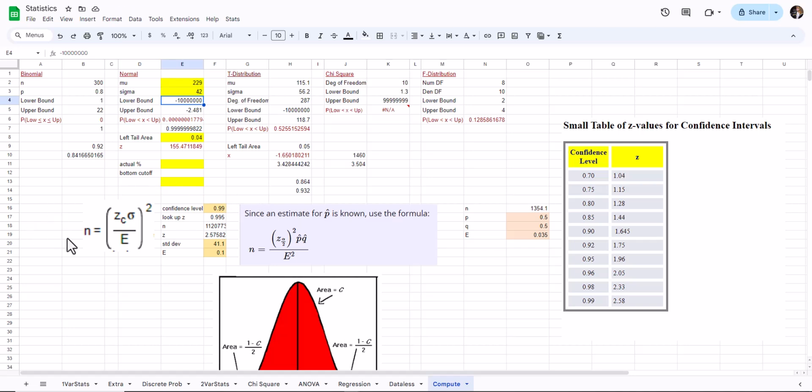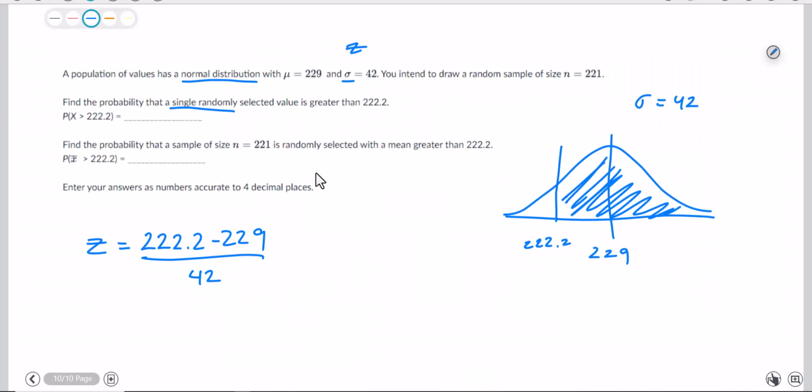So the sample, the 222.2, will be the lower, and then the upper will be infinity, so a very, very large value. So this 0.5643 would be my answer. If you did it the other way, you would only get a z-value that you would then have to find the probability for in a table.